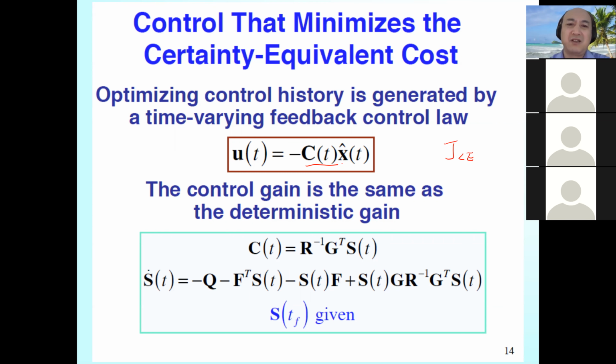So the control gain is the same as the deterministic gain, like R inverse, B, S of t. S of t is given by a Riccati differential equation. And again, as I already mentioned, you do not know S at time zero. You know the terminal condition, so you have to backward integrate this RD. So backward integrate that.